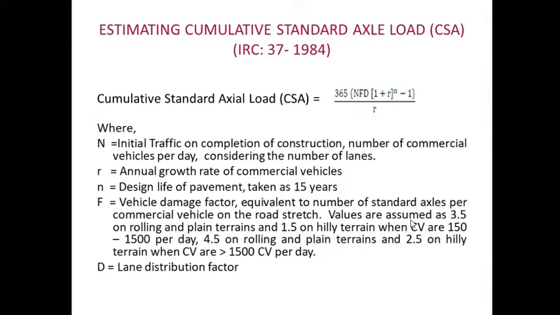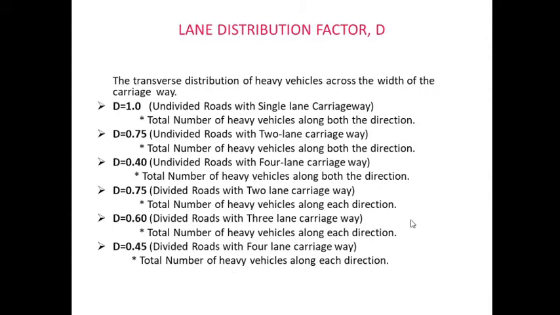Then D is the lane distribution factor. IRC 37 in the year 1984 has given the table for finding the distribution factor. This is the table given by IRC 37, 1984.